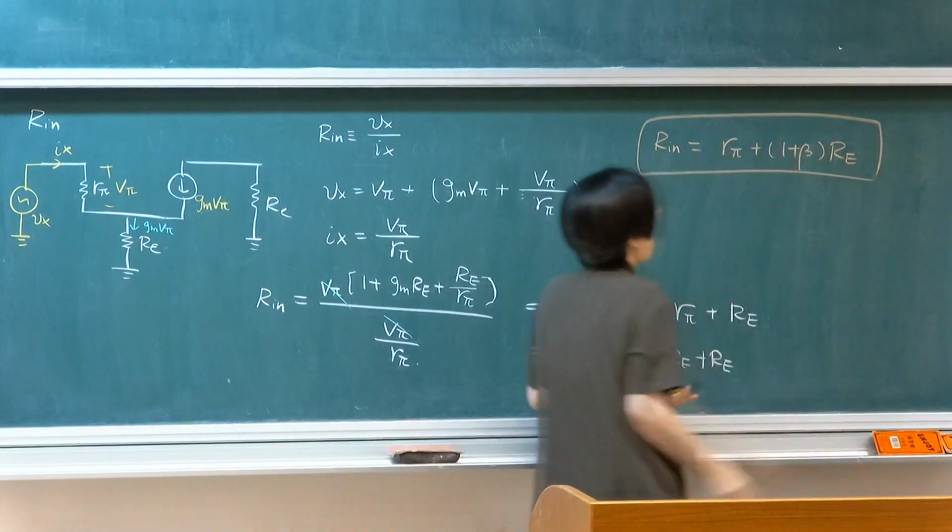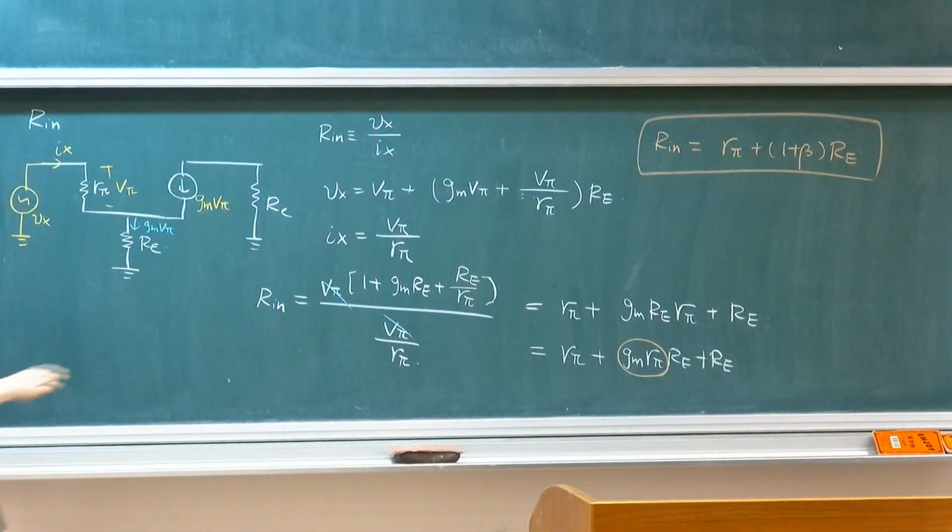Okay? This is something you probably want to remember, or at least understand: whatever resistance is in the emitter, if you look in from the base, is being amplified by a factor of 1 plus beta. We can go through the whole analysis, but the more intuitive way of understanding this is that whatever changes in current will be increased by 1 plus beta times.